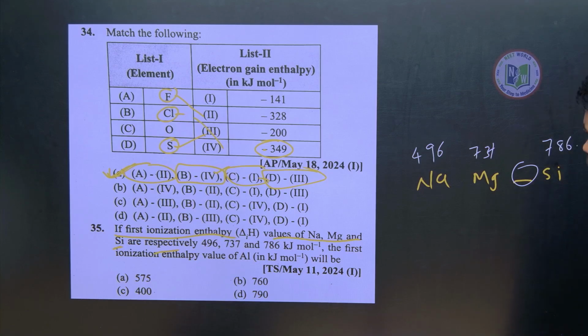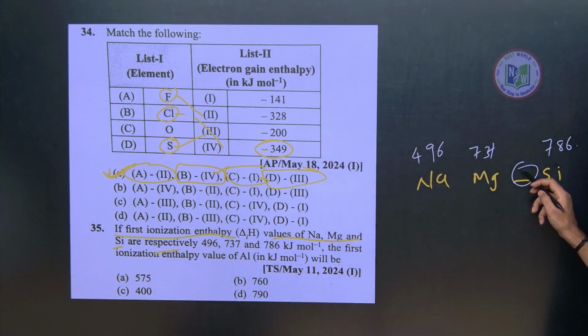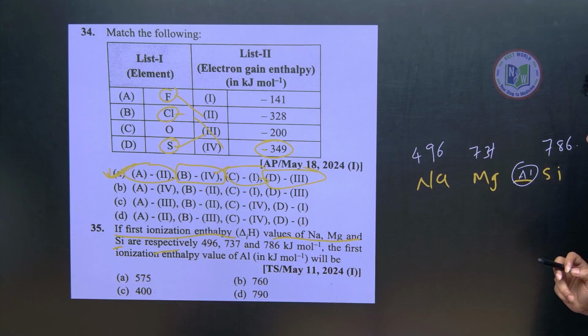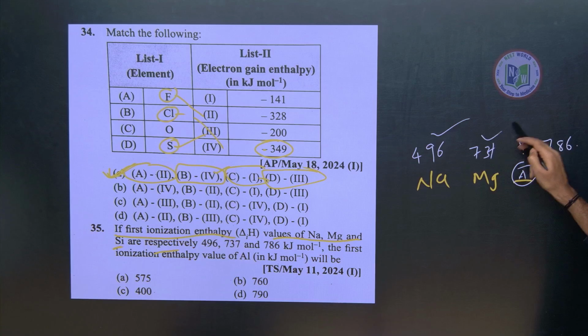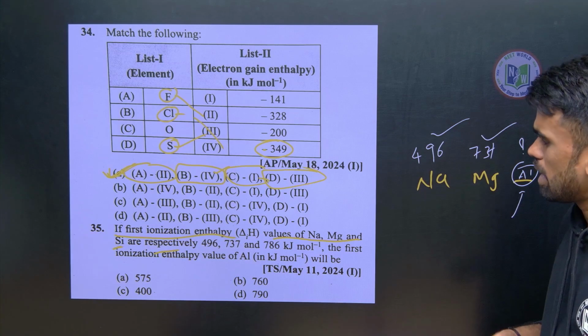One element got missed here. The first ionization enthalpy of aluminium is what they are asking. The ionization energy values of the other elements are given, but the missed element, aluminium, how much is its ionization energy?